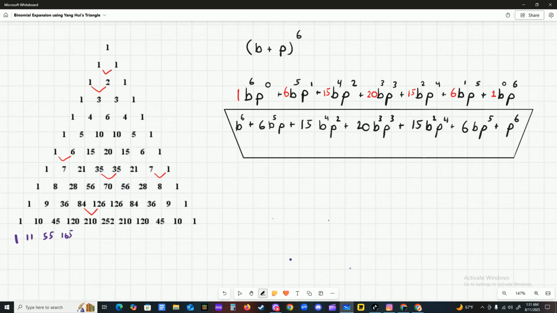And it keeps going. 120 plus 210, 330. And then 210 plus 252, I'm sorry, 252. 462. And then 252 plus 210. Again, 462. And then 210 plus 120.